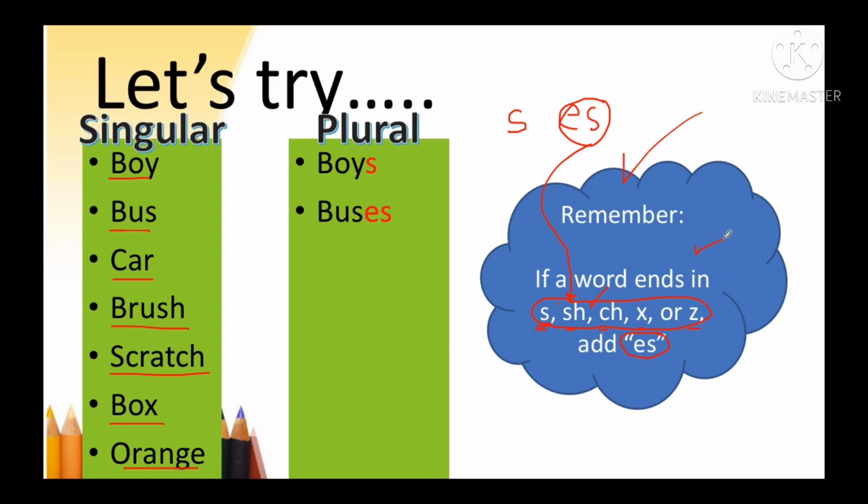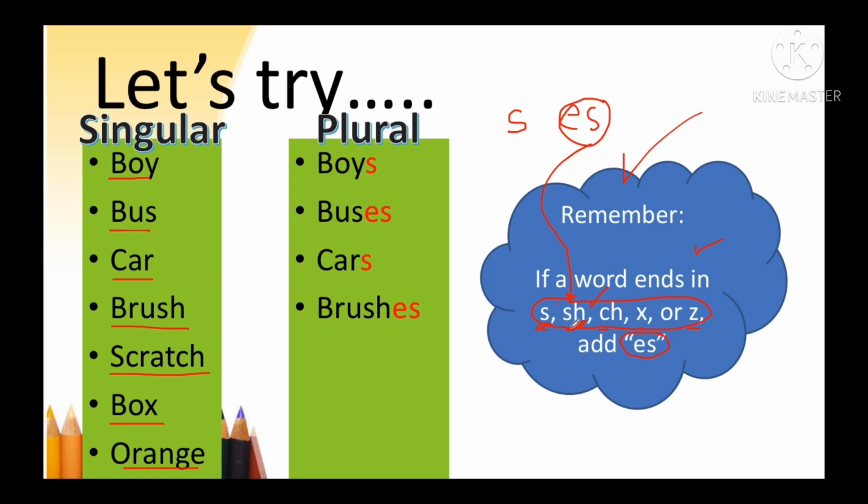So we will just add S. Cars. How about brush? Brush ends with SH. And SH is part of our ES. So therefore, we will add ES.